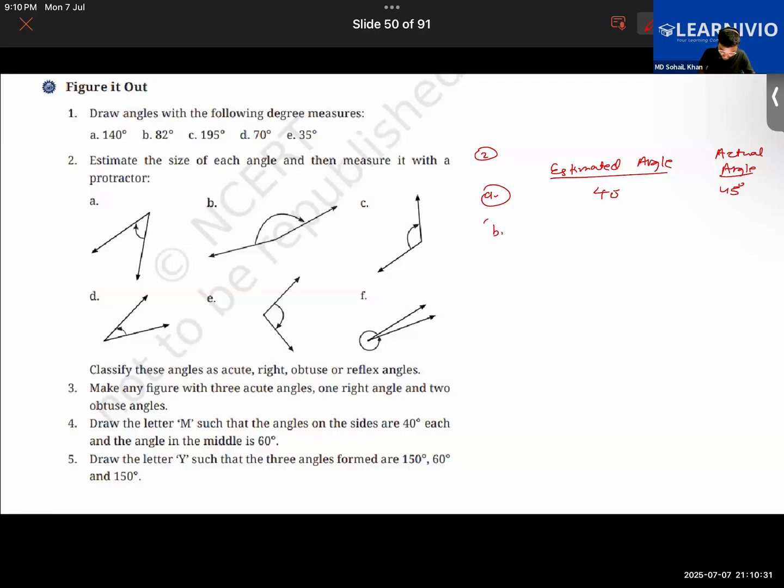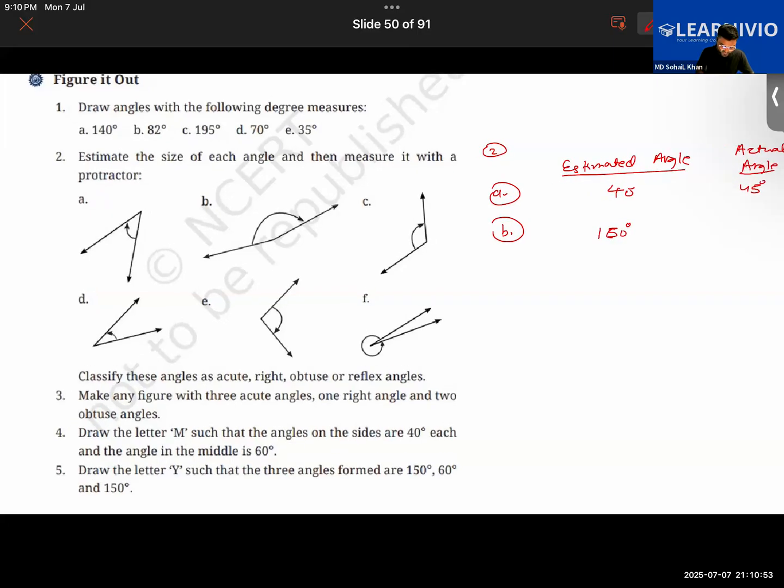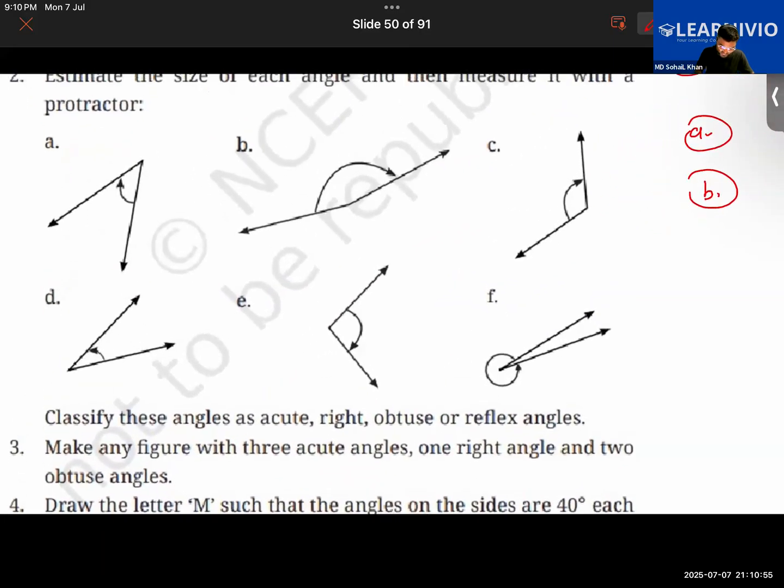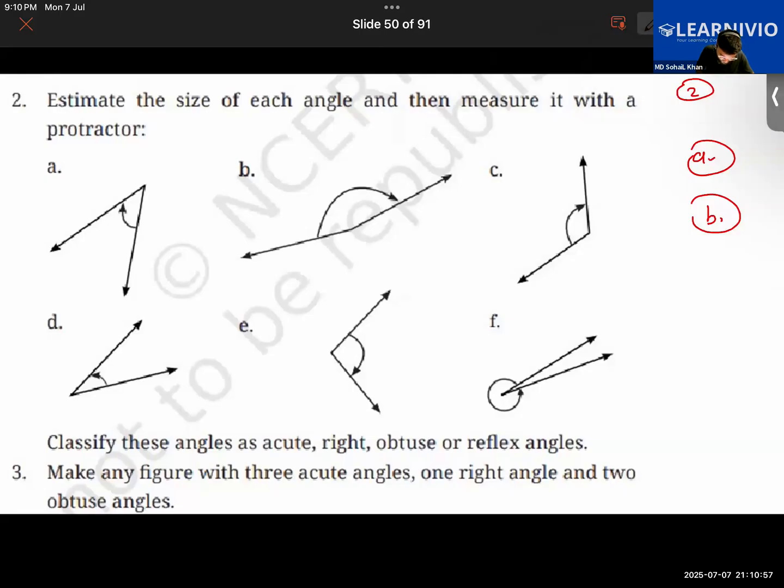Okay, and the other question, B, maybe around 140 or 150? Maybe 190? No, not 190, 160. 150, 160, you're saying okay. Then take out the protractor and measure it. Okay, where is the exact center?